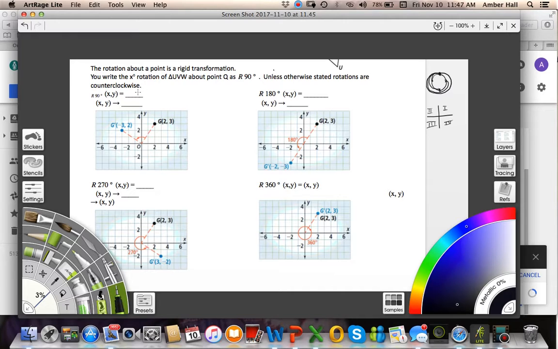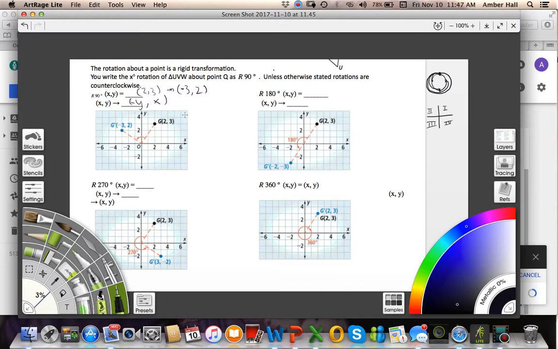First we started at the point G at 2, 3, and we moved it over to negative 3, 2. So now I want to figure out how we manipulated our x and our y to get negative 3, 2. So we started at x and y, and now we have negative 3, 2. What we did was we just took these values and switched them. So we started at x, y, now we have y, x. But then we also changed the sign of y.